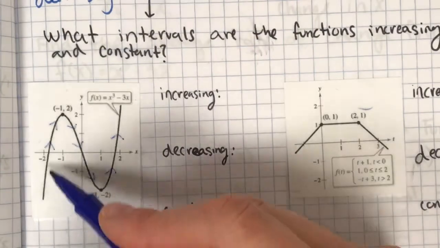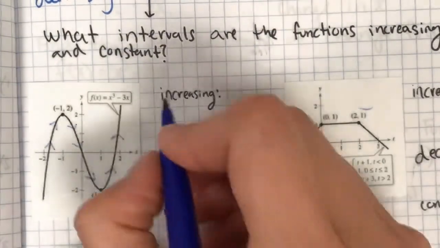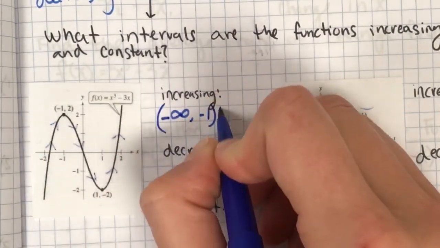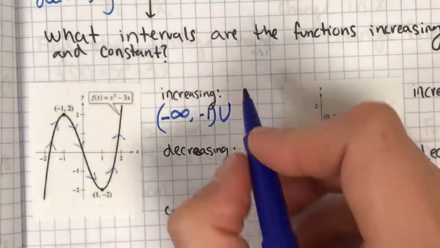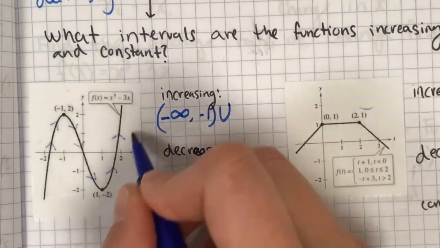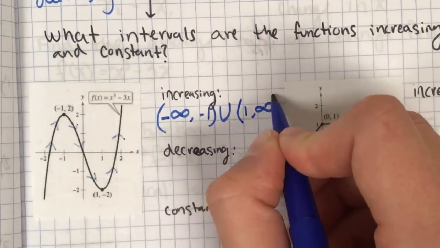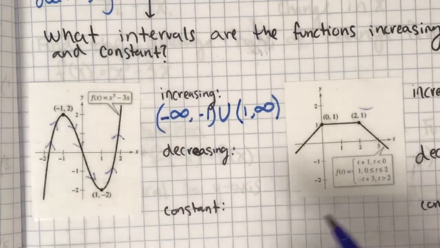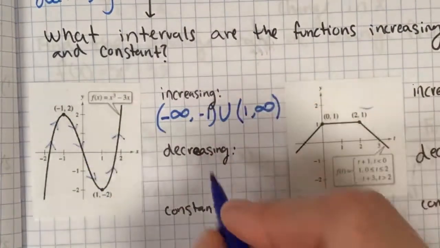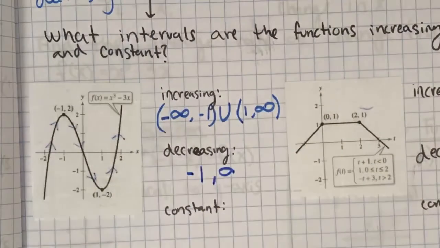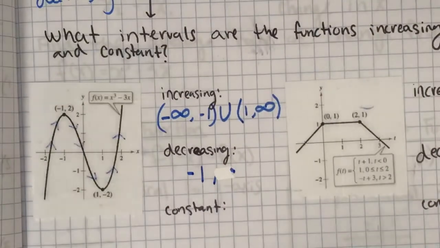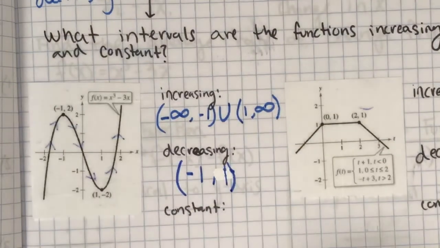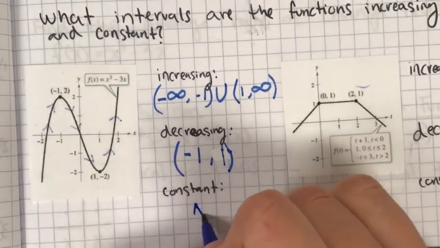So it is increasing over 2 intervals, and that would be from negative infinity all the way to -1, and then we use this union, and that connects with 1 all the way to infinity, and we use those x values because we're just looking from left to right. All right, it's decreasing just this middle section, so that would just be from -1 to +1. And it is not constant ever.